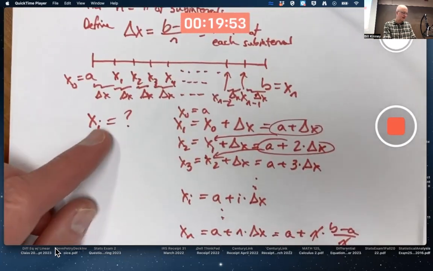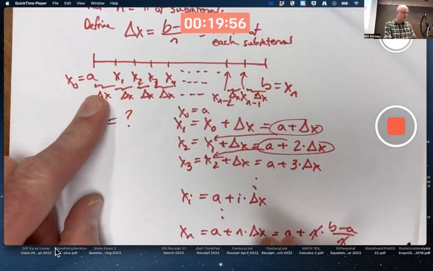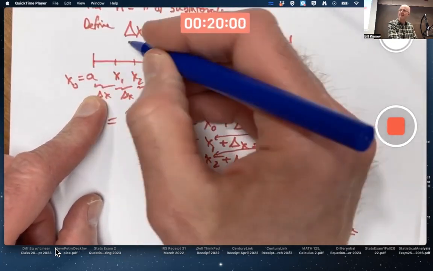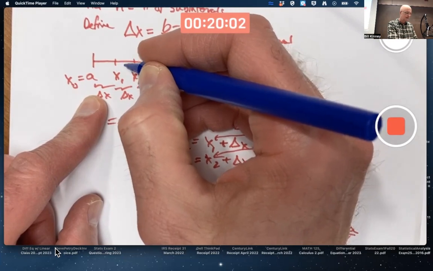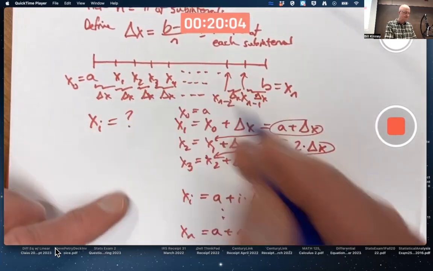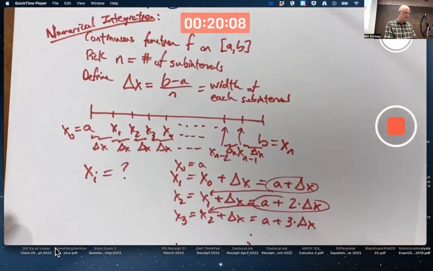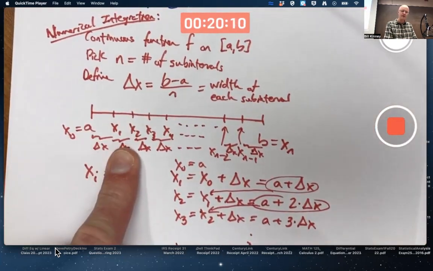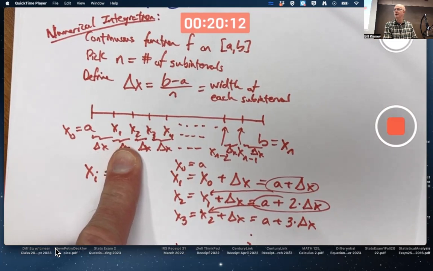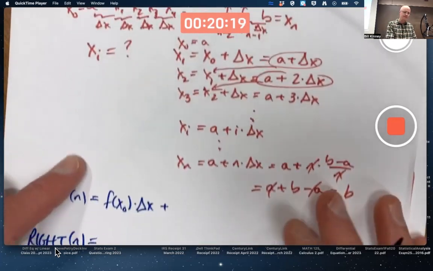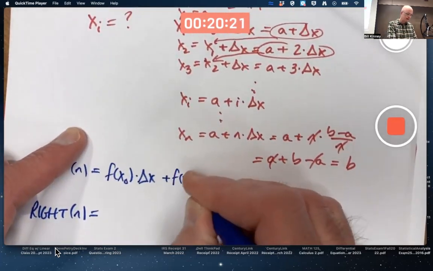Again, for the first subinterval, go to the left endpoint, go up to the graph, and then make a rectangle based on that height. It's got a base of delta x. The next rectangle, the second one, will be for the second interval. Its left endpoint is x1. Plug x1 into f to determine the height, multiplied by the base delta x. You get this.